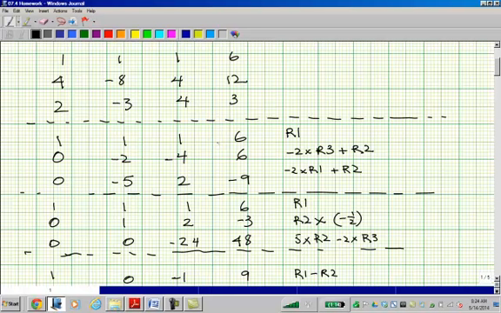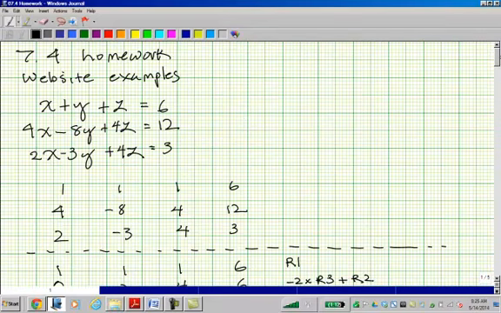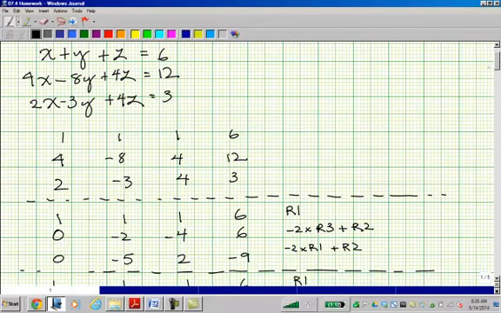Since row 1 already has a 1 in it, I'm going to start with that. My goal at this first level is to get a 1, 0, 0, to get the first column to match my ultimate goal here, which is not hard to do. So I already got a 1 in the first row, so I just bring down row 1.